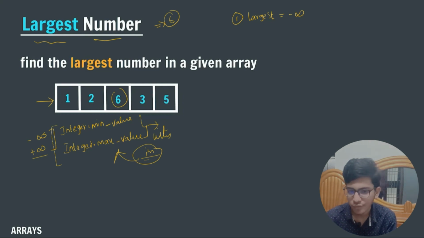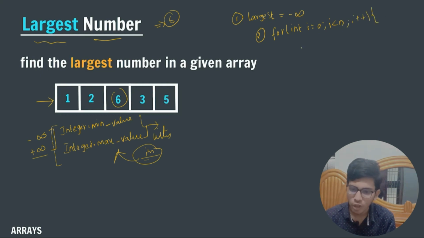Now in this question we are going to first create a largest integer variable that will hold the value of minus infinity. The second step is we run a for loop, for int i = 0; i should be less than n, where n is the size of my array; i++.